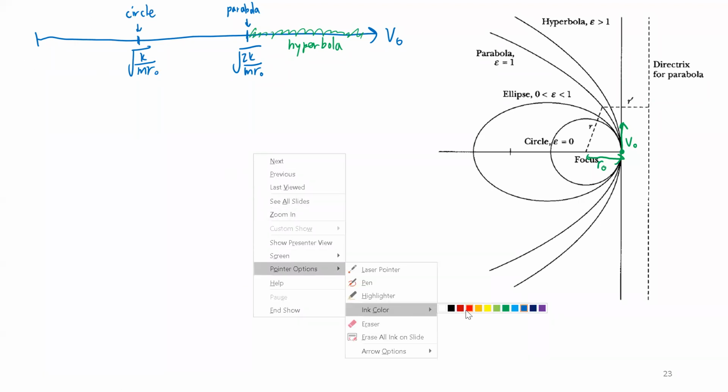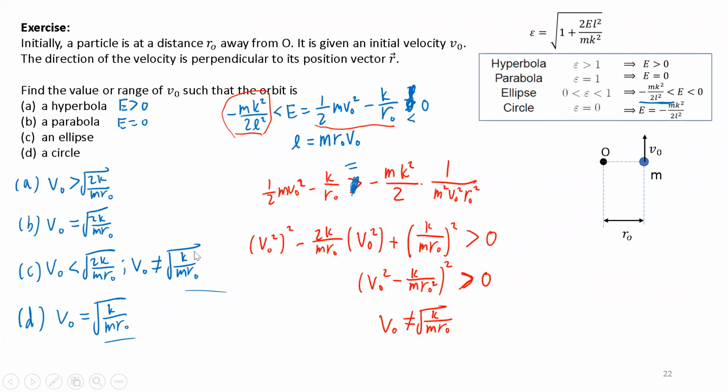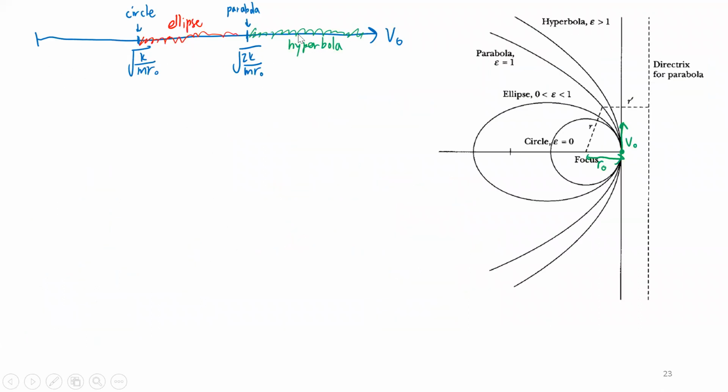And if you're somewhere between here, then you get an ellipse. Then there's one more thing missing in this line. What about here? Even below this value.